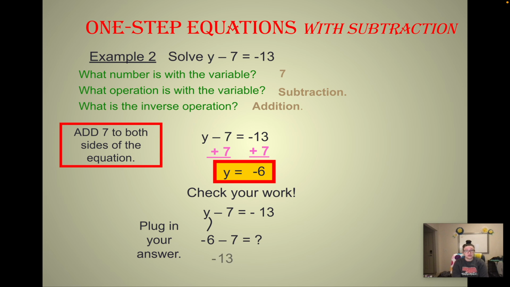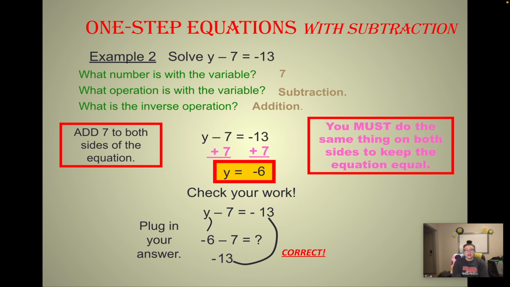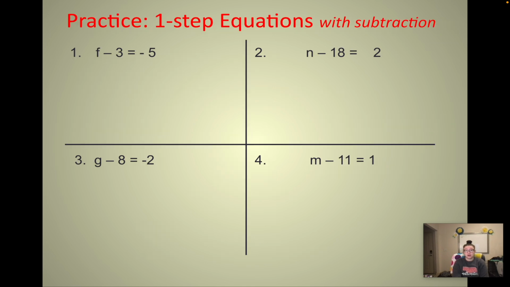And when you throw it in your Desmos calculator, you will see that it does. Again, go ahead, pause the video. Try these subtraction problems on your own, and then check back with me once you're done with all 4 problems to see how you did.